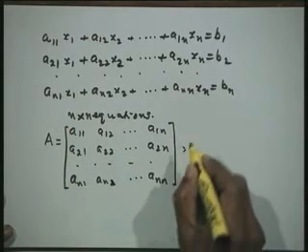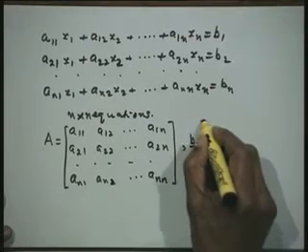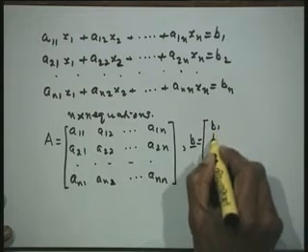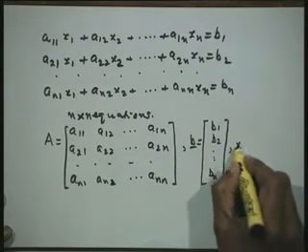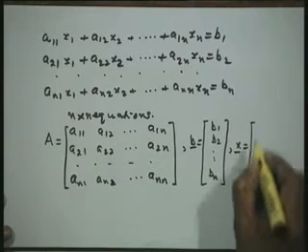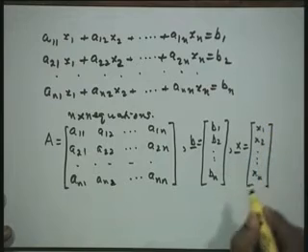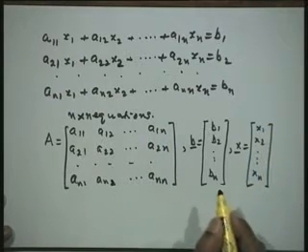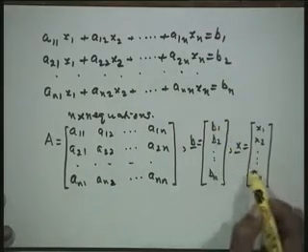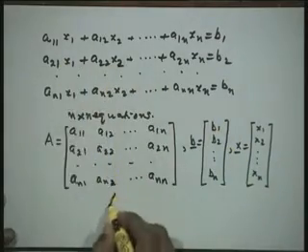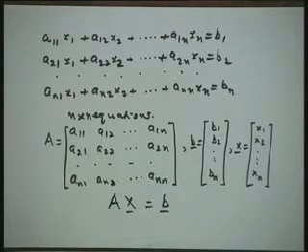I will take this as a matrix A and we will write down the vector b as b1, b2, bn and the variable x as the solution vector x1, x2, xn. If I write this coefficient matrix as A, the right hand side vector as b and the solution vector as x, then I can write down the given system of equations as Ax is equal to b. So this will be my basic system of equations.